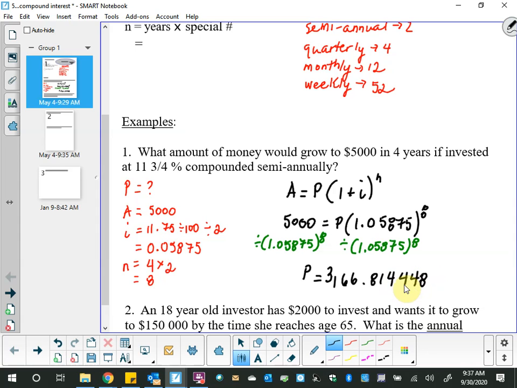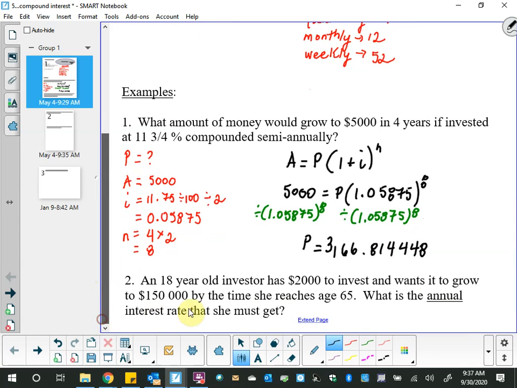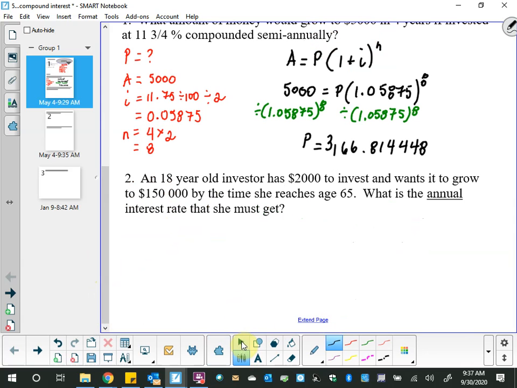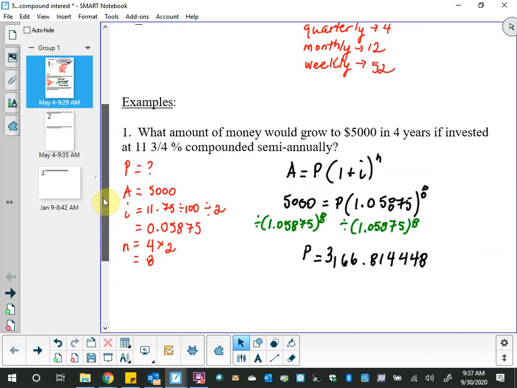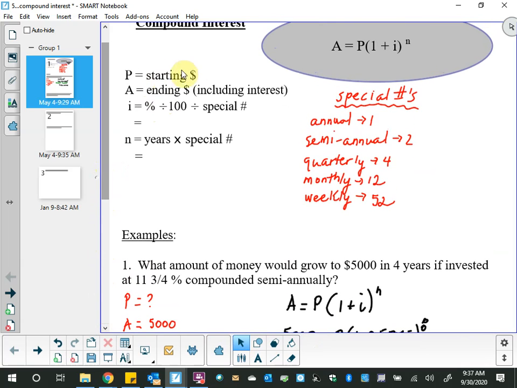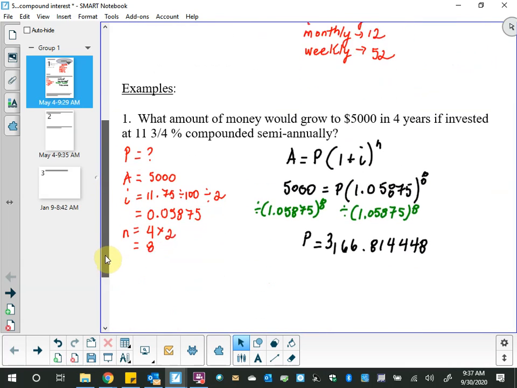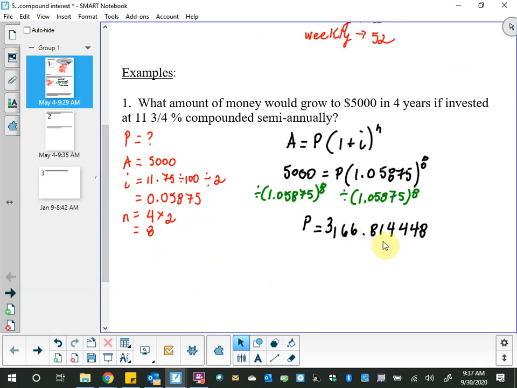3166.814448. You owe me a therefore statement. Normally I wouldn't write down all those digits because if I check my list, it says that P is the starting amount of money. And when we talk about an amount of money, we only need 2 decimal places to represent cents.